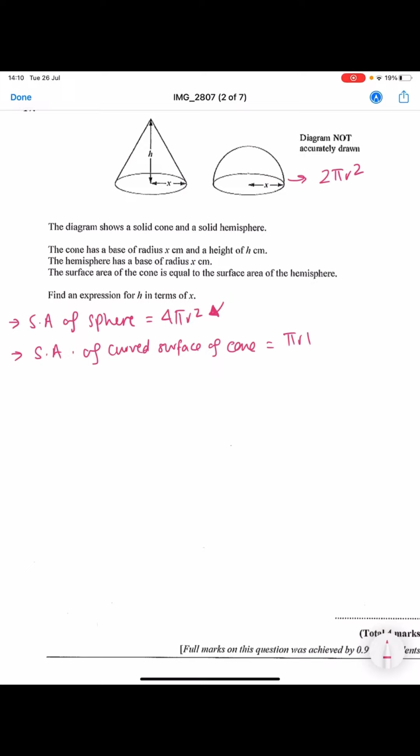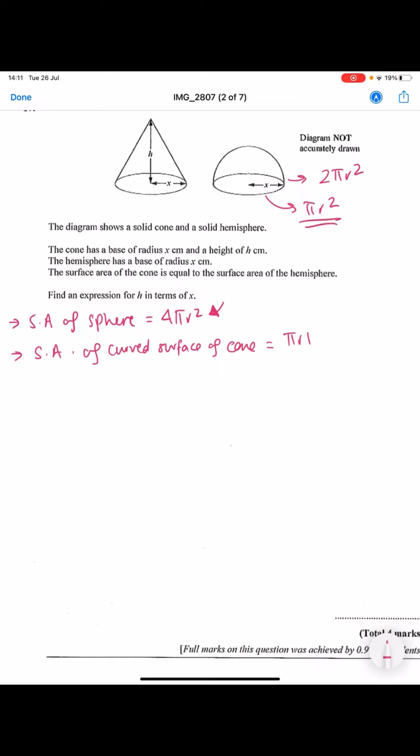Okay, remember, if we had a sphere, that is the surface area of the whole sphere. But if we cut the sphere in half, we expose this circular base. So we need to include that in its surface area as well. So what is the equation of a circle? It's pi r squared.